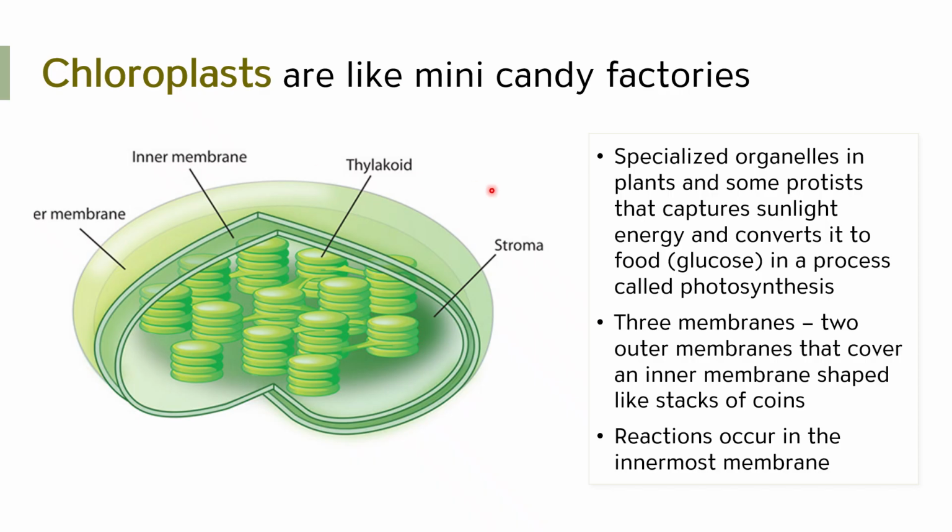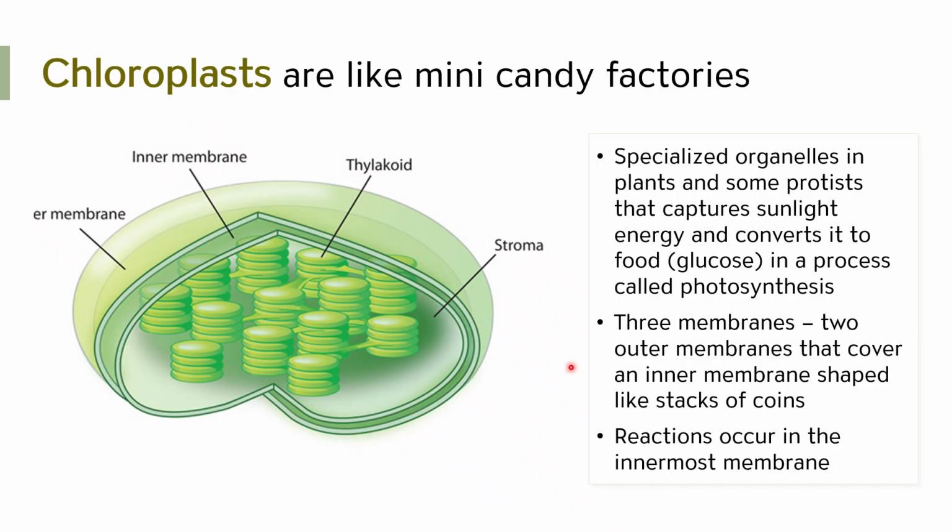And then there are chloroplasts. These are in plants only, not animals. They have 3 membranes. So they have 2 outer membranes and then a kind of twisted up inner membrane that forms these stacks of coins looking structures called thylakoids. And with these ones, they also have their own DNA and their own ribosomes.